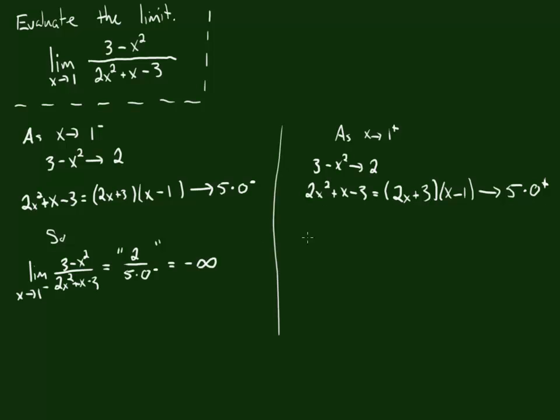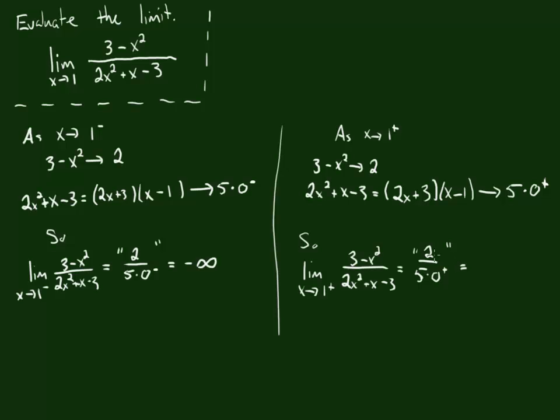That lets us say that the limit from the right-hand side of 3 minus x squared all over 2x squared plus x minus 3 is basically going to be 2 all over 5 times 0, but this time some number slightly larger than 0 is down there.